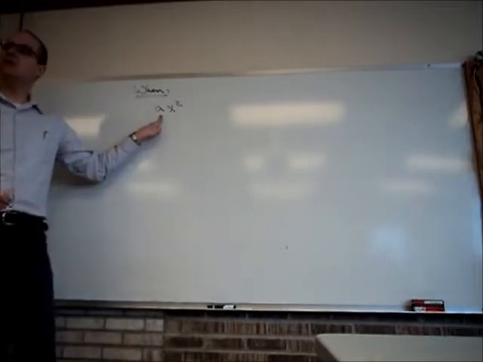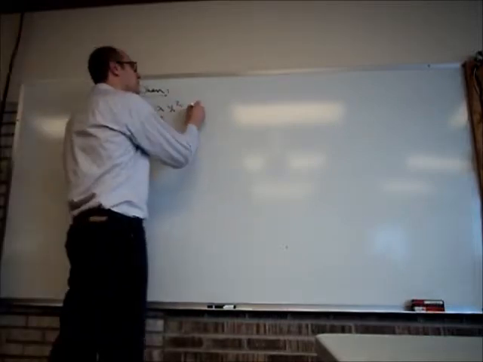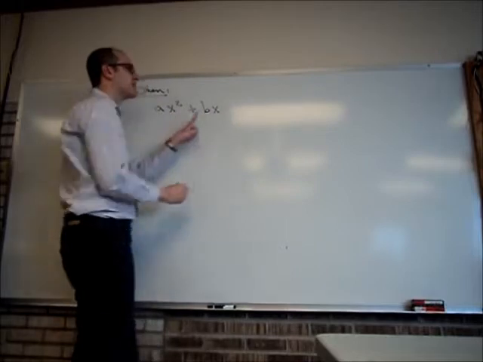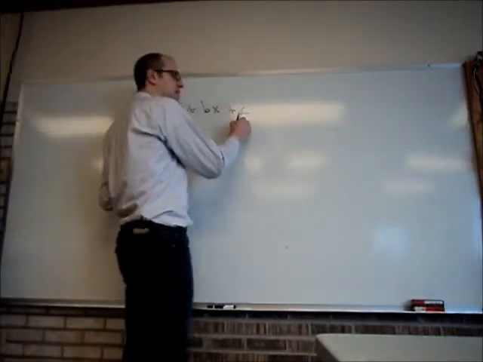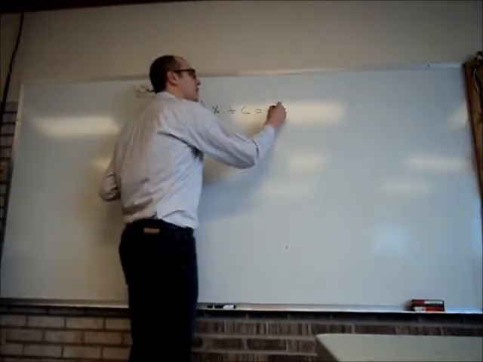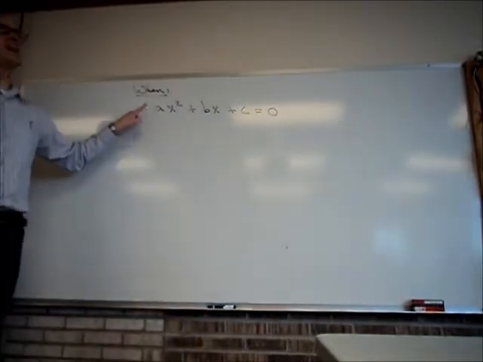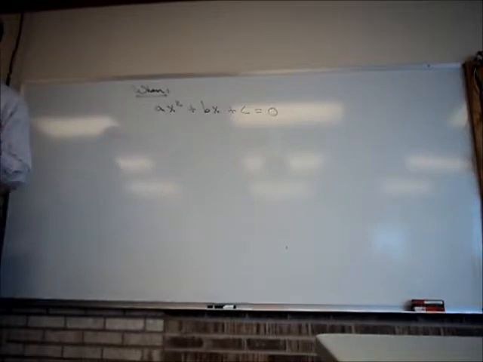That something will be an actual number. Plus something times x, that will be an actual number. Plus a constant, an actual number, equals 0. If this thing factors, factor it. If it doesn't factor, then we're going to take the numbers a, b, and c and plug them into the quadratic formula. If it doesn't factor, we're going to use that formula to help us solve.